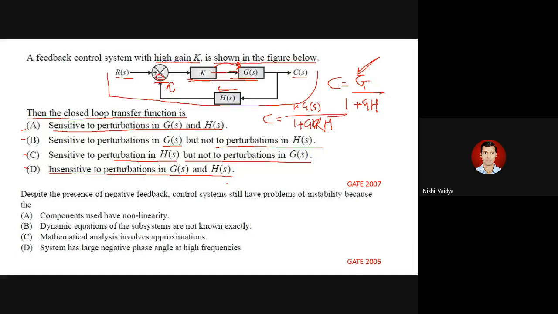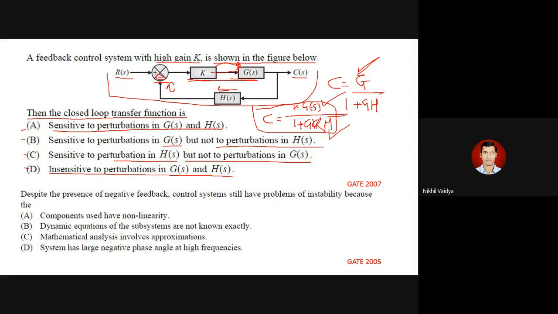So now see students, this is the formula and they are asking us whether the closed loop transfer function is sensitive to something. Now they are asking us the sensitivity. If we go through the formula, it clearly indicates that it will be sensitive to G also, and sensitive to H also. Why, sir? Because it is in the formula.